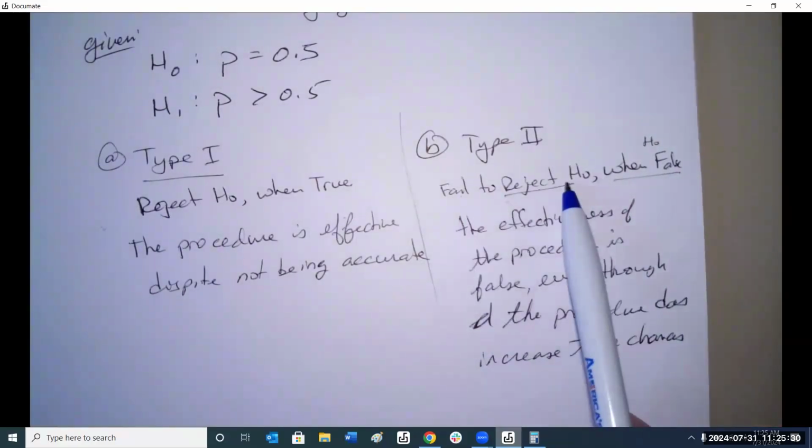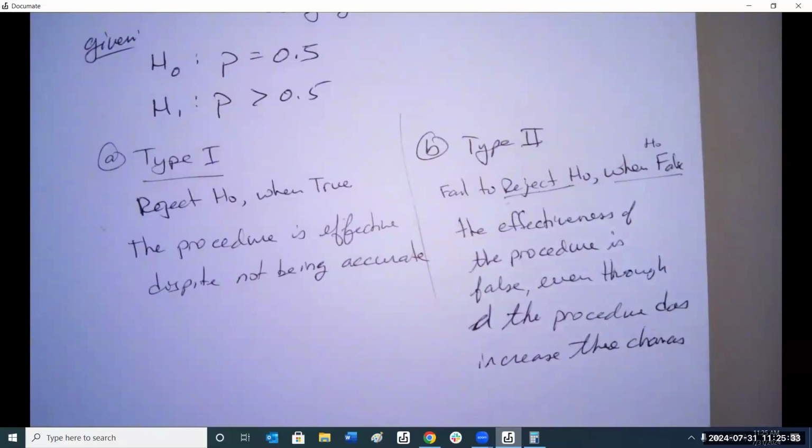So you're failing to reject H0, even though we know it's false. So the effectiveness of the procedure is false, even though the procedure can do it.